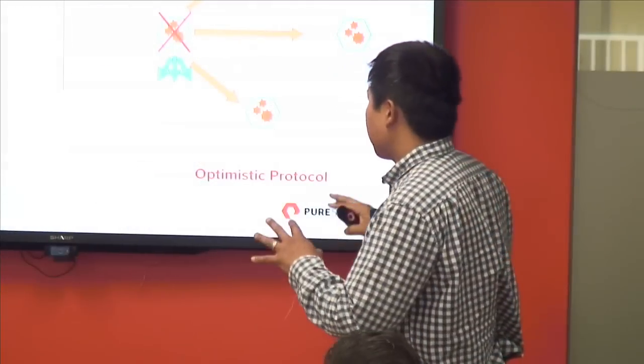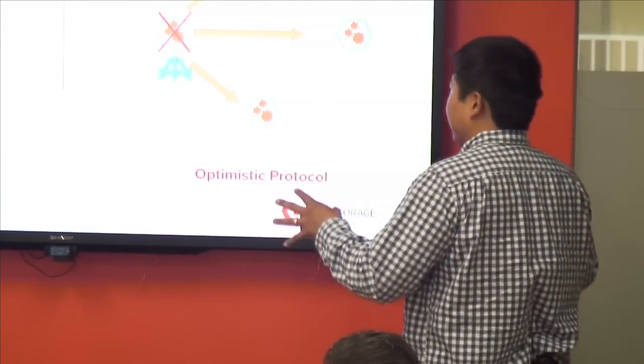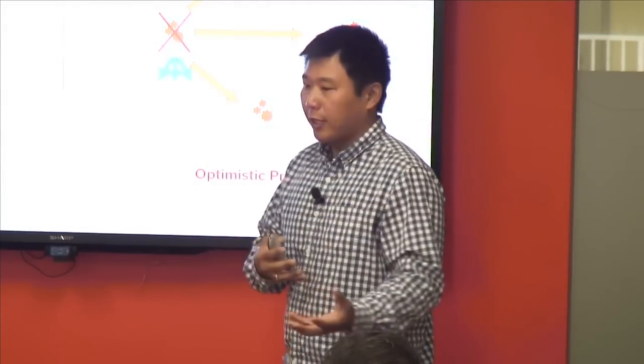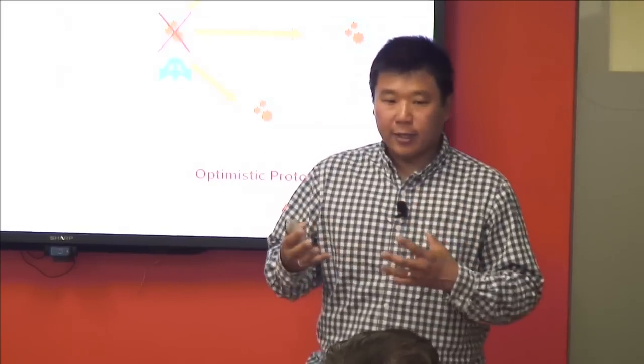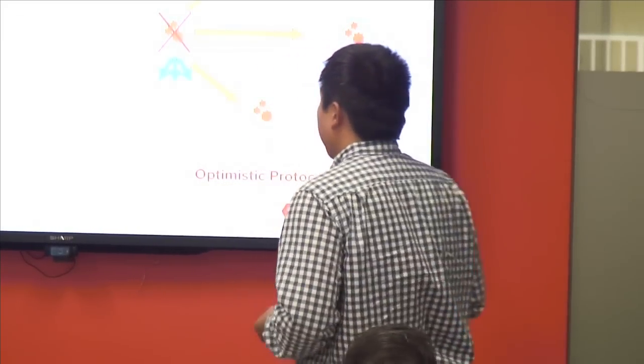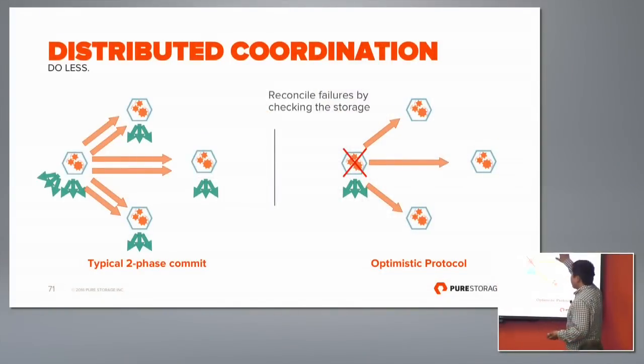Now, we still have to solve the failure case, right? I said we want to optimize for the common case, and if we have to pay an additional cost in the failure case, we'll do that. And the way that we do that is, well, each of the partitions, each of the authorities, has global access to all of the NVRAM in the system, right? So there's always the possibility that the transaction coordinator failed or was pulled before that transaction commits. Well, these participants can directly go to the storage layer.